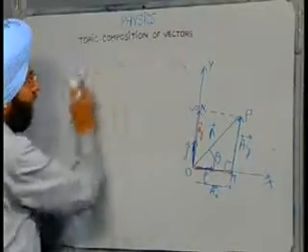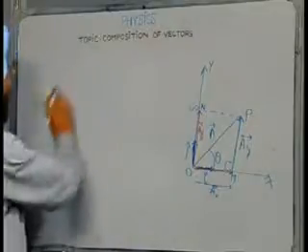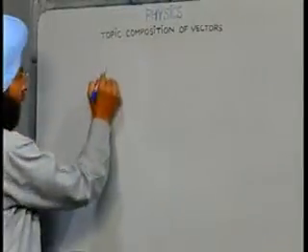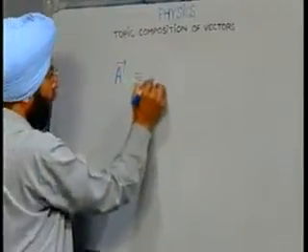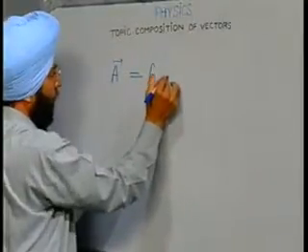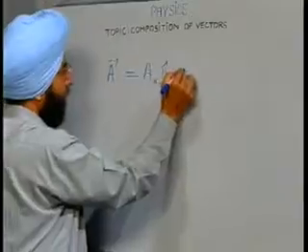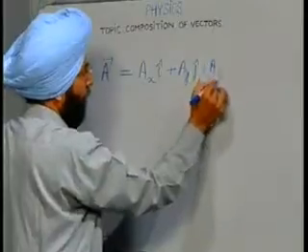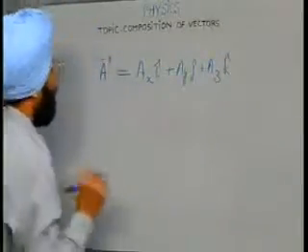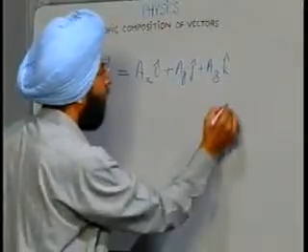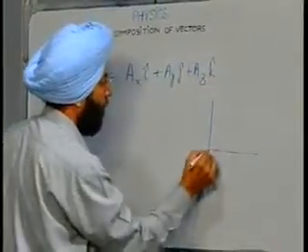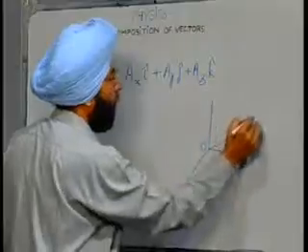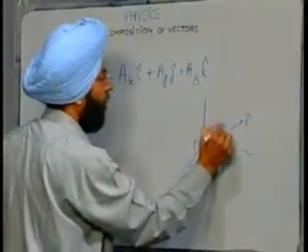Now, this was the case for 2 dimensions. Now, in case we are to resolve the vector A along 3 rectangular components, we can write this as Ax i plus Ay j plus Az k. We have this vector OP which represents the A vector.